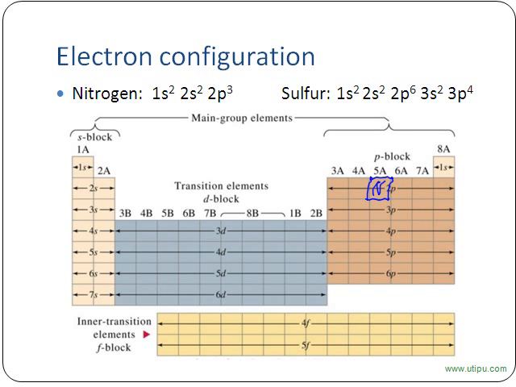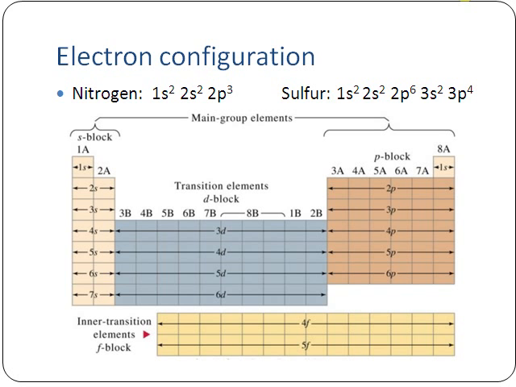It has two in the 1s orbital, so it's going to start off with 1s2. Then it has two more in the 2s orbital, 2s2, and then it has one here, and one here, so it has 3 in the 2p orbital, so we'd say 2p3, like that. So that's how we get nitrogen: 1s2, 2s2, 2p3.